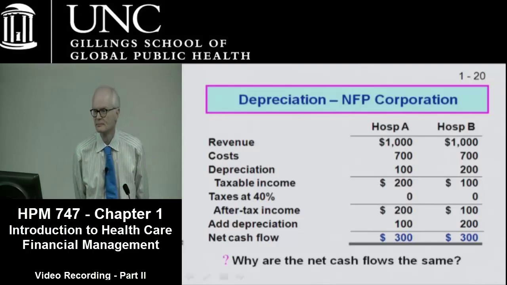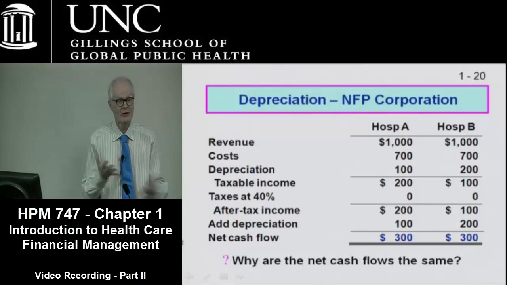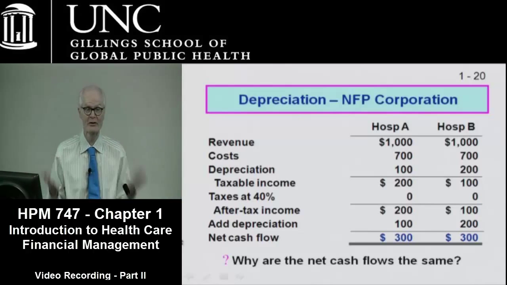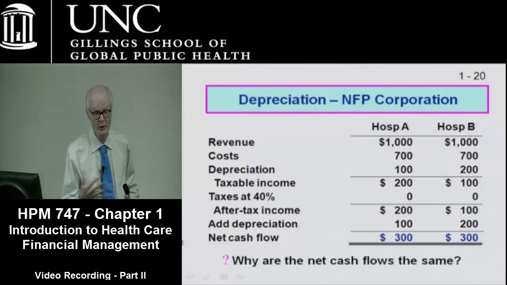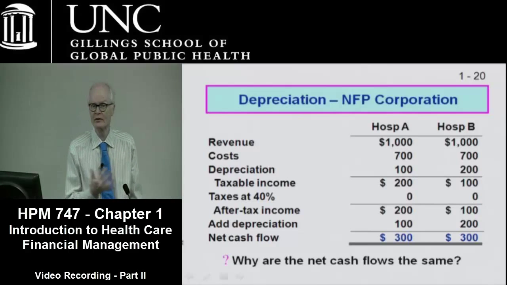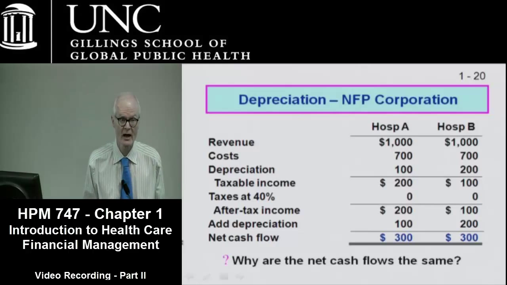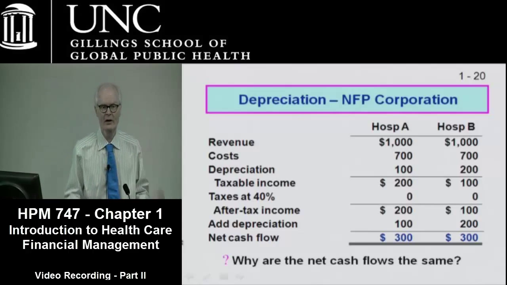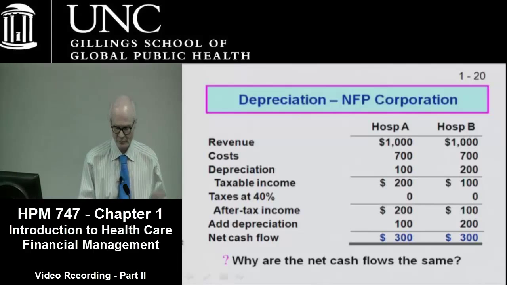There were no taxes, so there was nothing to be shielded from. Exactly. There is no depreciation tax shield. If the tax rate is 0, then there is no depreciation tax shield. Both of these organizations have exactly the same net cash flows, because there's no difference in taxes, there's no difference in depreciation tax. So for-profits and not-for-profits have very different incentives and financial realities around taxes and depreciation.